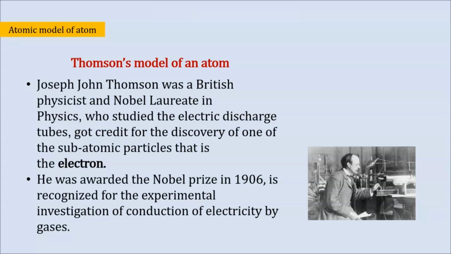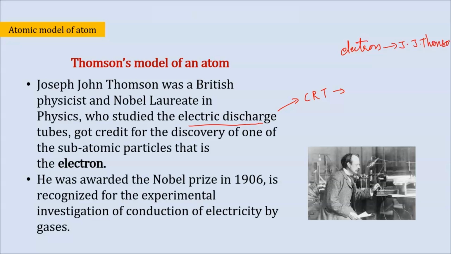He is the scientist who studied electric discharge tubes. In the earlier classes, we learned about the cathode ray tube, where with the help of the discharge tube we learned how electrons, protons and neutrons were discovered. He got the credit for discovering one of the subatomic particles, the electron.